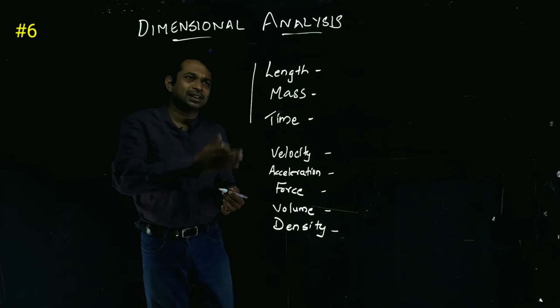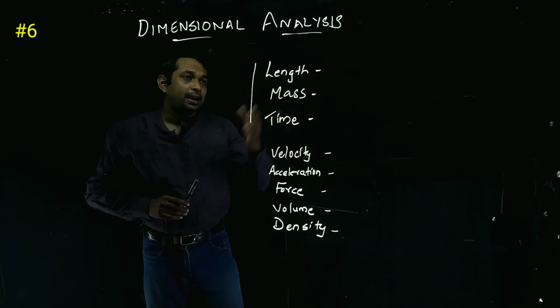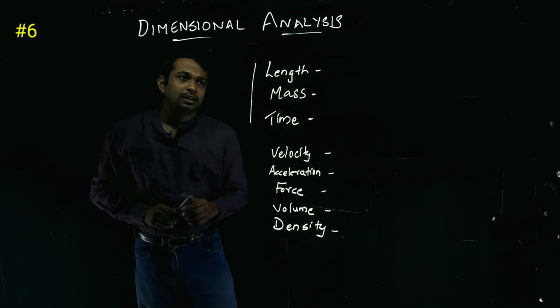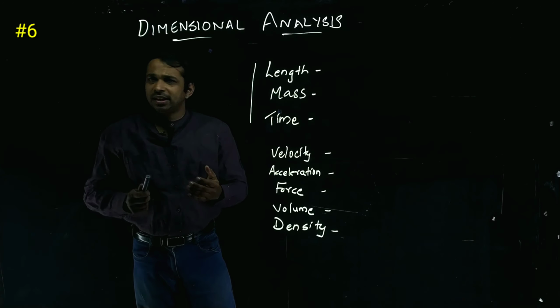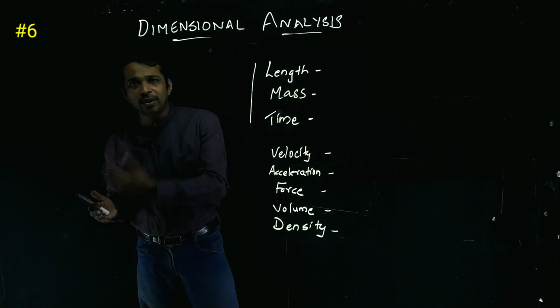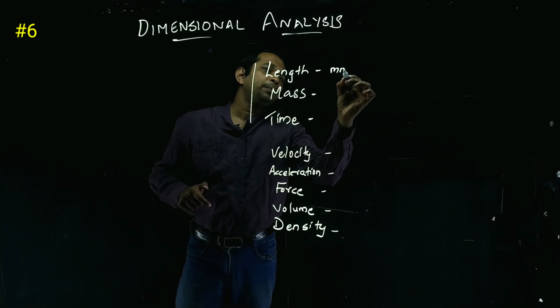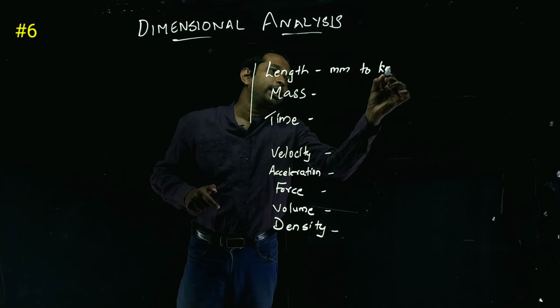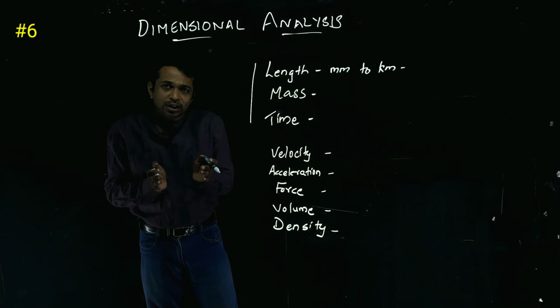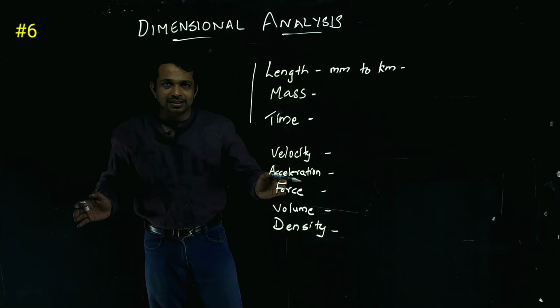So let's first consider these three, and among them the first, the length. The length you can measure in any unit, right, from millimeters to kilometers? But whatever be the nature of the unit, what are you actually measuring? It is the distance, right?